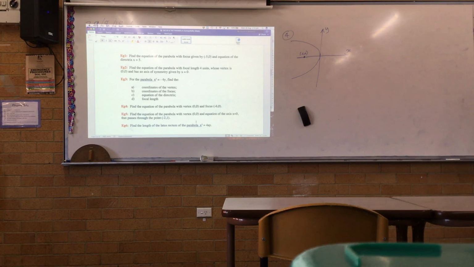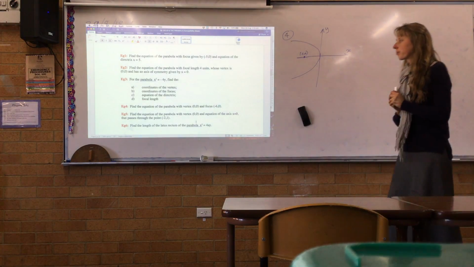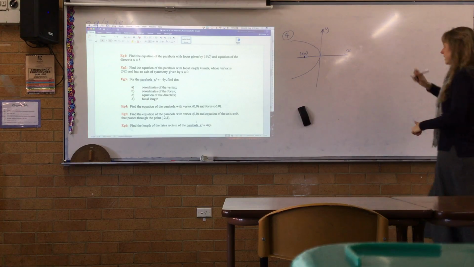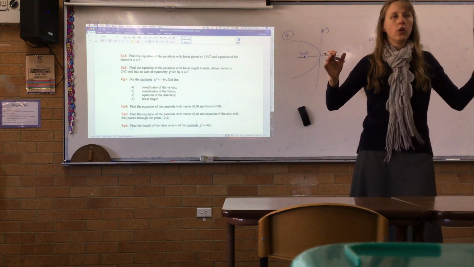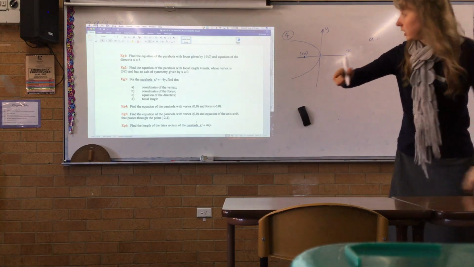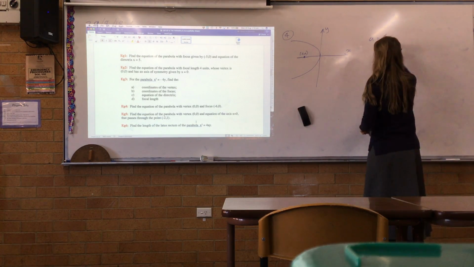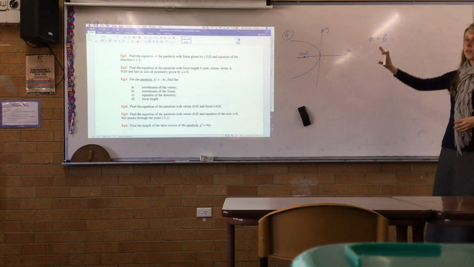So, we should now have everything we need to work this out. Looking at where the focus is, can somebody tell me what is A? A is the focal length, or A is 6, because it's 6 units away from the vertex. Now we just have to decide what is the form of this one.